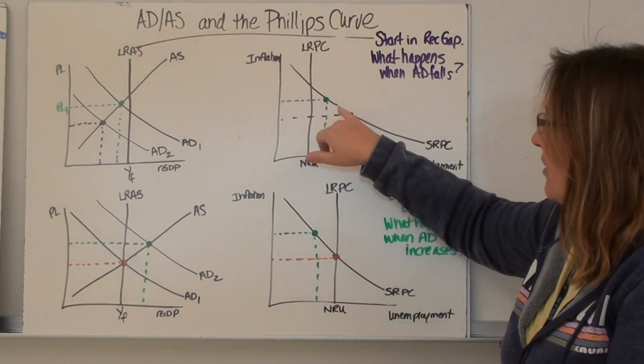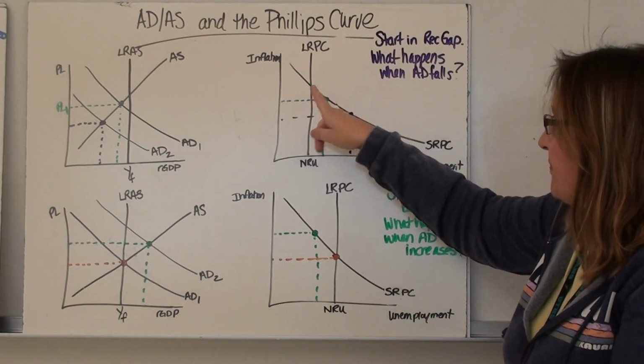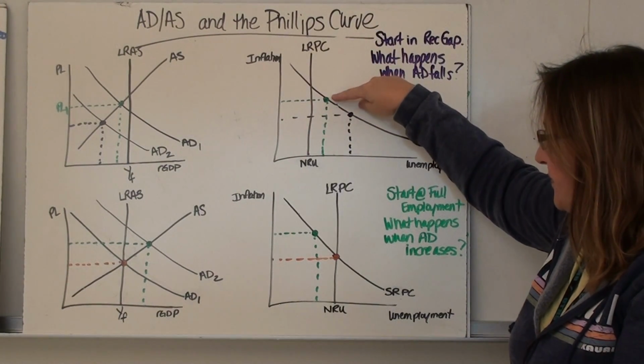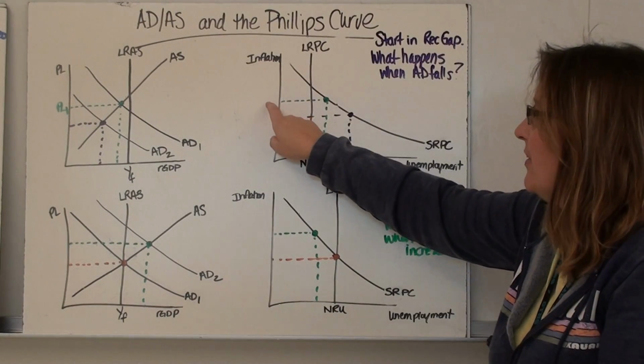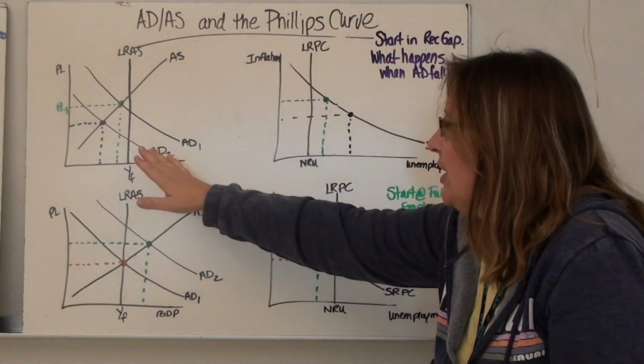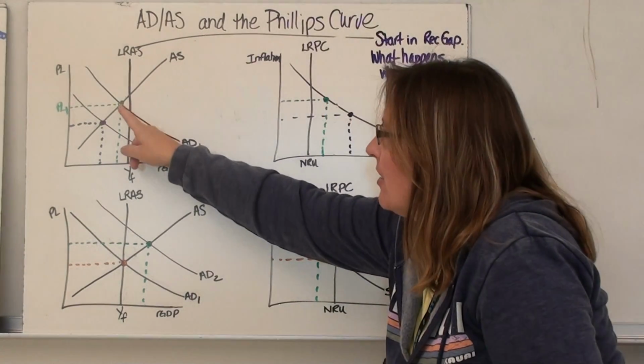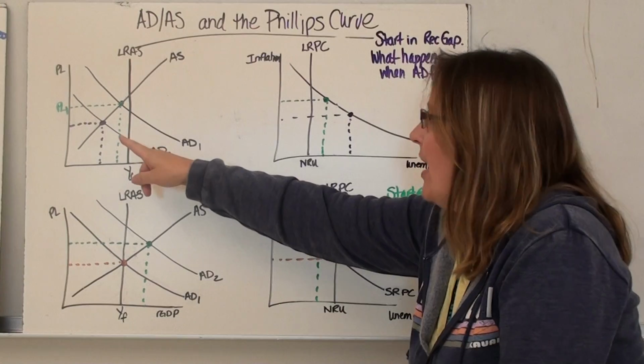So what we do is we say, okay, this is where we were at, right here, this green dot, with this level of inflation and this level of unemployment. To show this change over here, we just slide down in the opposite direction. See how this green dot went down to the left?